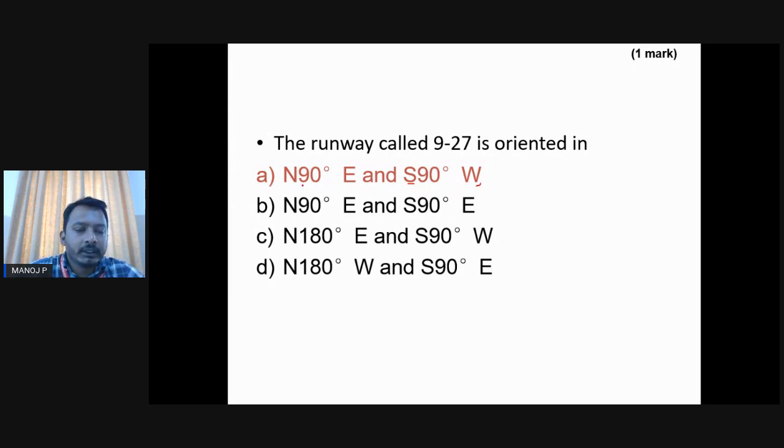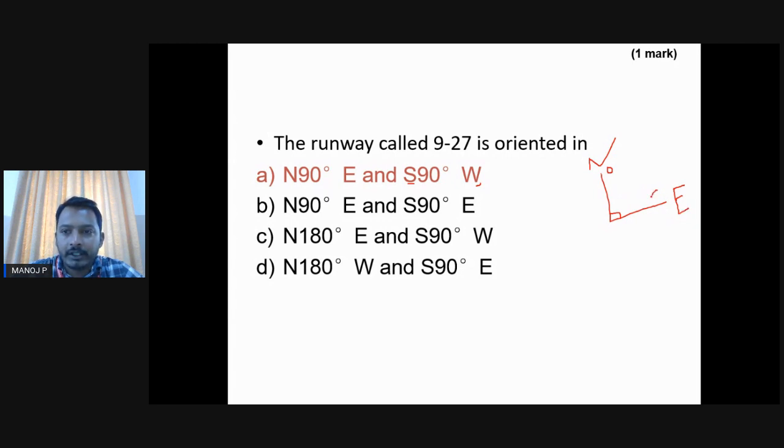90 degree means starting from the north point, assume this as 0. 90 degree means the runway will be here, this will be north, 90 degree east. So it is represented as 9.